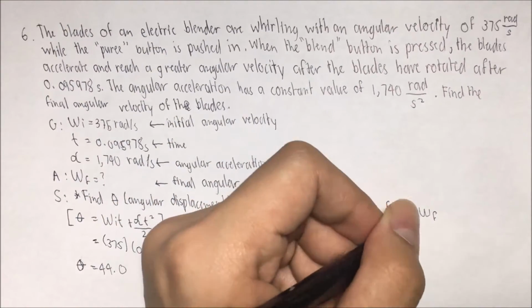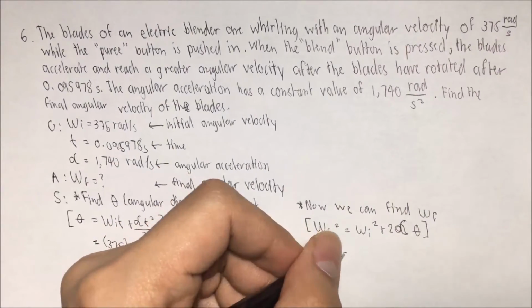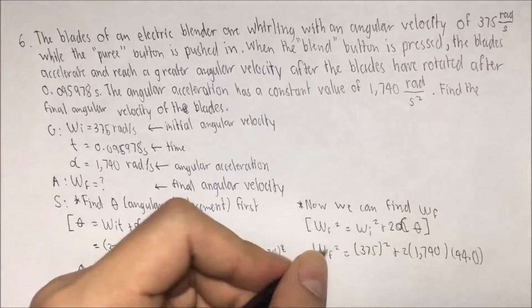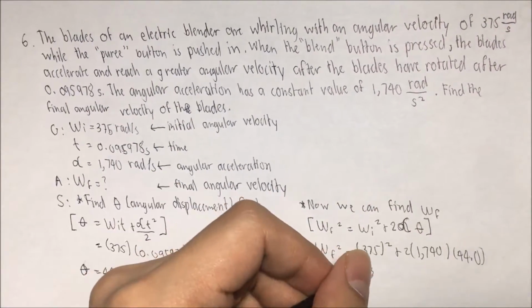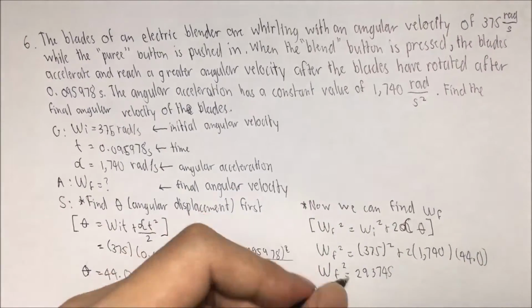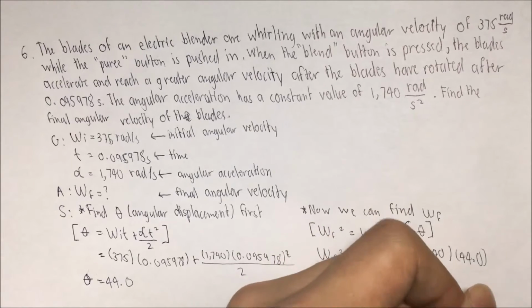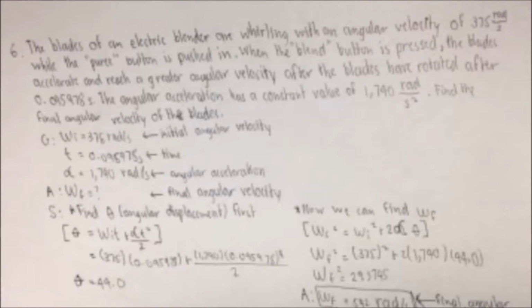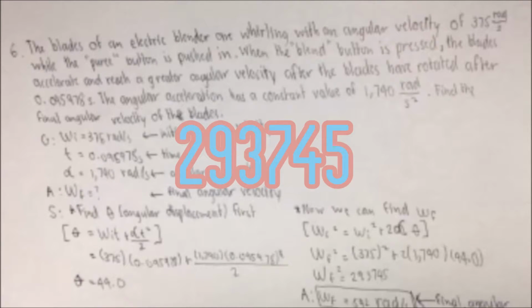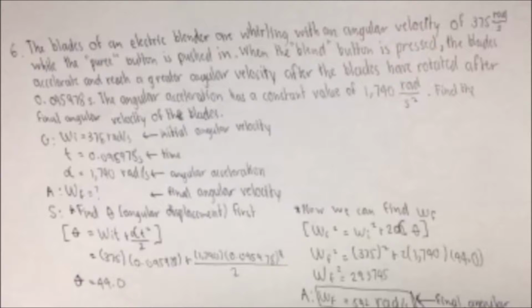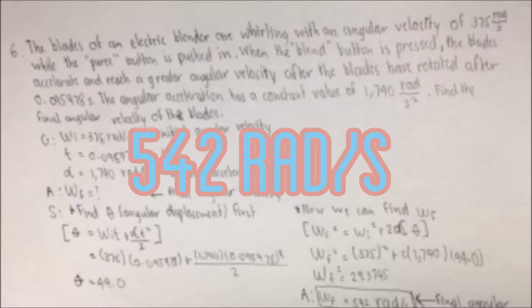Now we can find the final angular velocity with the equation: final angular velocity squared is equal to the initial angular velocity squared plus 2 times the angular acceleration times the angular displacement. This gives us an answer of 293,745, which when square-rooted will give us a final angular velocity of 542 rad/s.